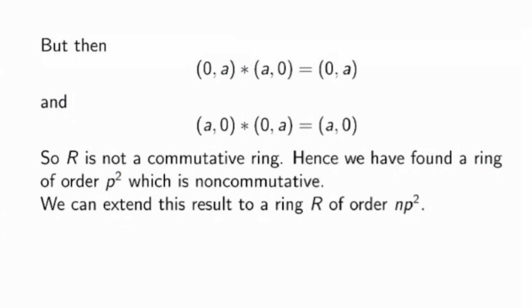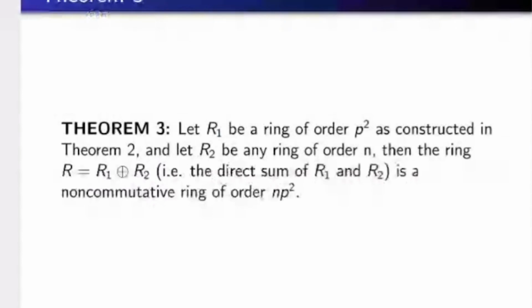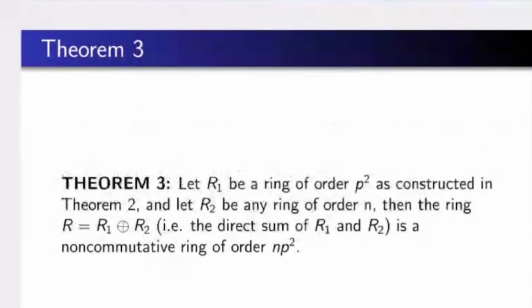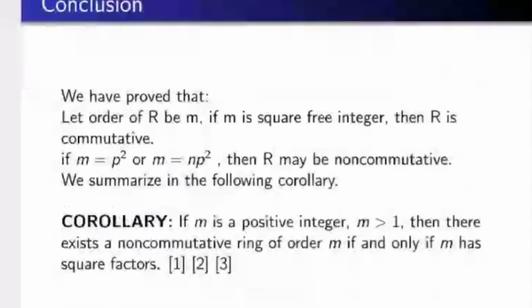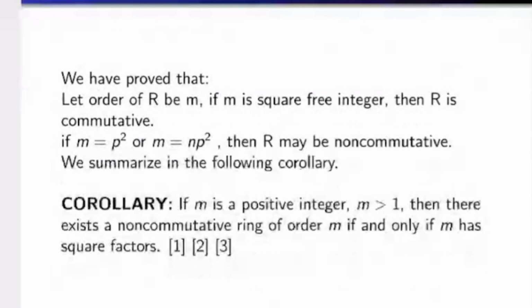When we extend this to any ring of order np square, we can similarly show that such a ring is not commutative. Now, by this, I'm not saying that any ring of this order is non-commutative, but there does exist a non-commutative ring of order np square. In these theorems, we have proved that if the order of R is m, and if m is a square free integer, then R is commutative.